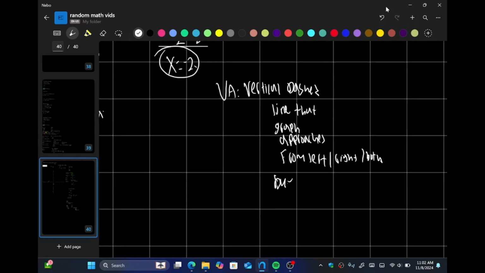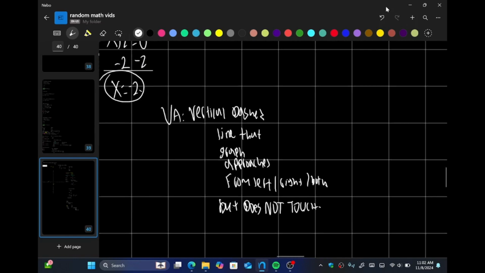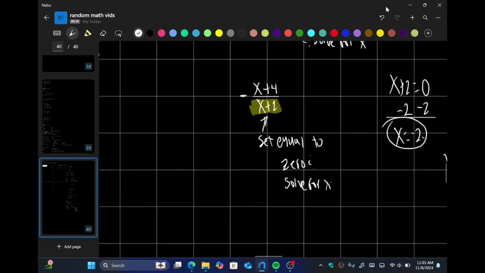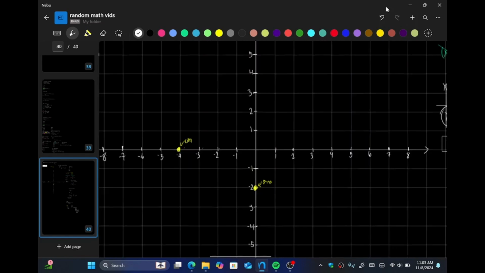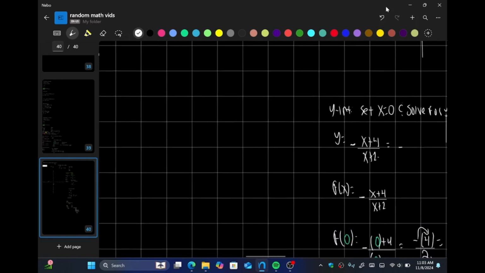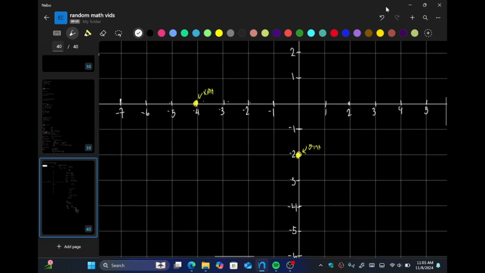That's what I was going to say. This part really depends on the function, but I will go over that in another video. So the vertical asymptote is x equals negative 2, so we're going to label that.